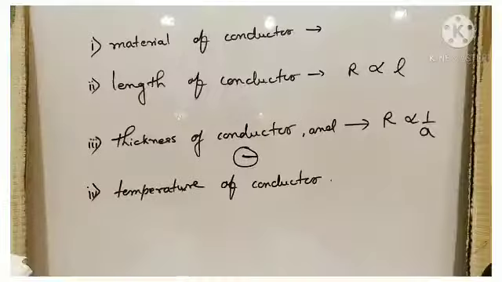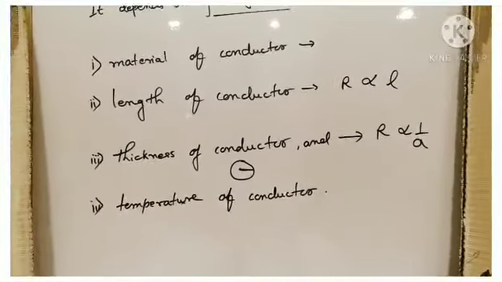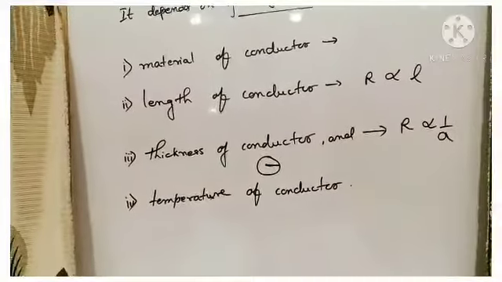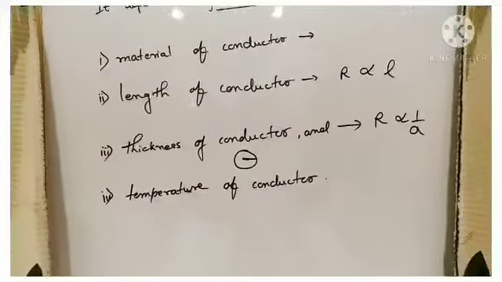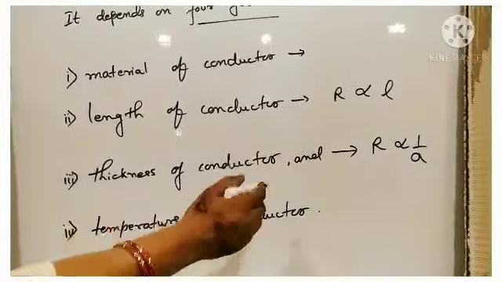The thickness of the conductor. In a thick conductor, electrons get a larger area of cross section to flow as compared to a thin conductor. Therefore, a thick conductor offers less resistance. The resistance of a conductor is inversely proportional to its area.